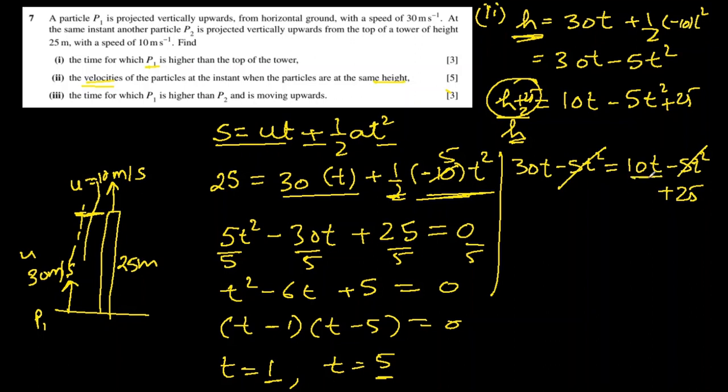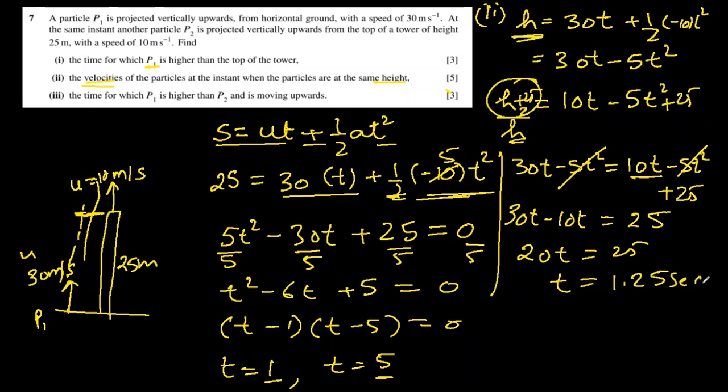Alright, this 10t when it comes to the left side will be 30t minus 10t equal to 25. 20t equal to 25, so t is 25 divided by 20, 1.25 seconds. Since both of them were thrown at the same time, 1.25 seconds after they were thrown, they were at the same height.